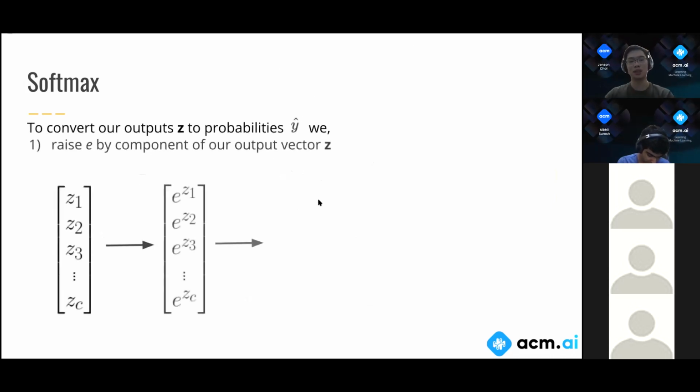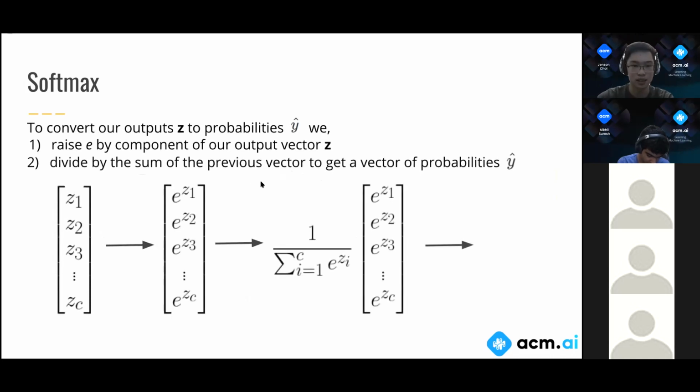To summarize, to convert our output z to probabilities, we first raise e to each of the elements in our z vector. We get a vector like this, but this doesn't add up to 1.